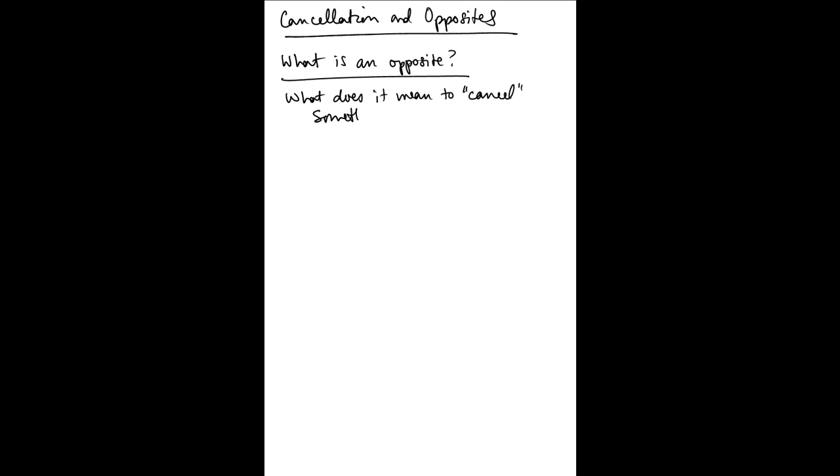What does it actually mean to cancel something out? Well, it depends on the operation.